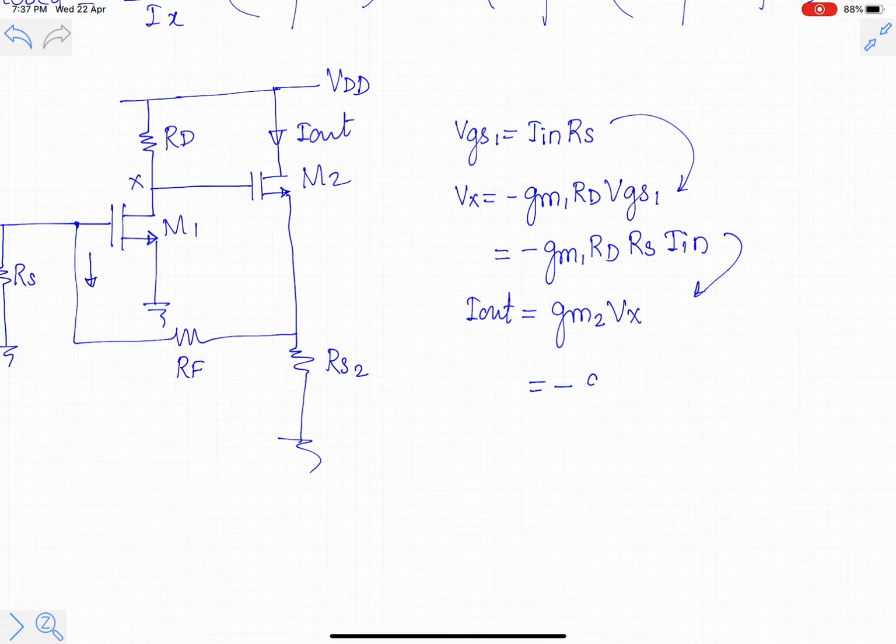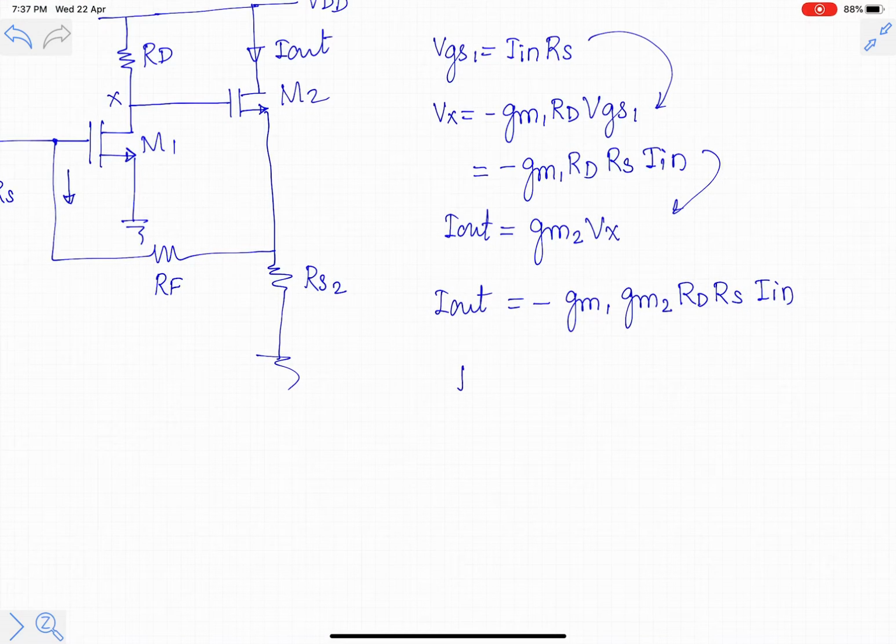So it is minus GM1 GM2 RD RS into I in is equal to I out. So I out divided by I in is equal to minus GM1 into GM2 into RD into RS.